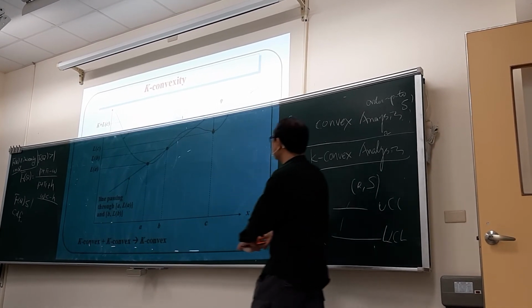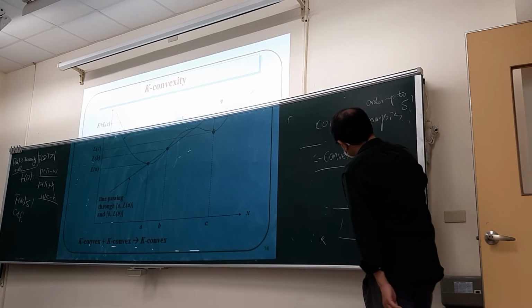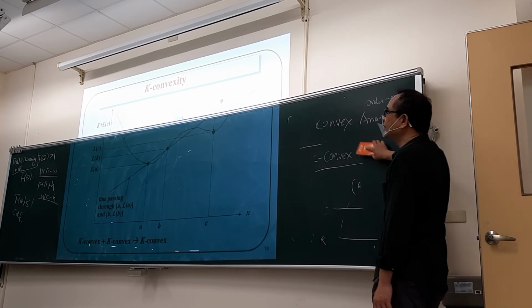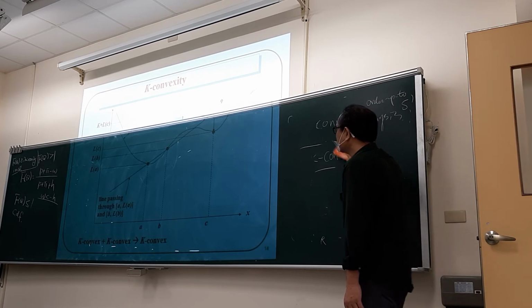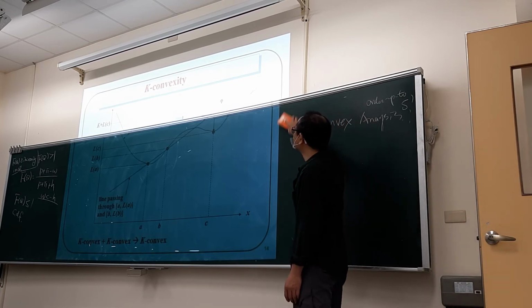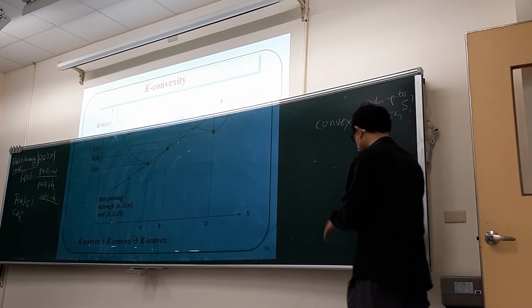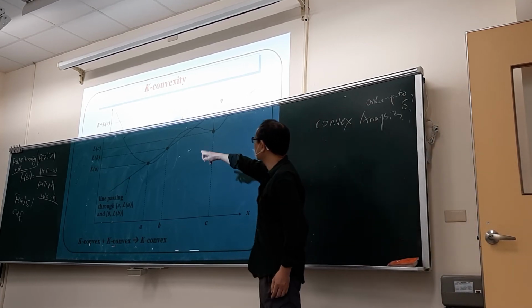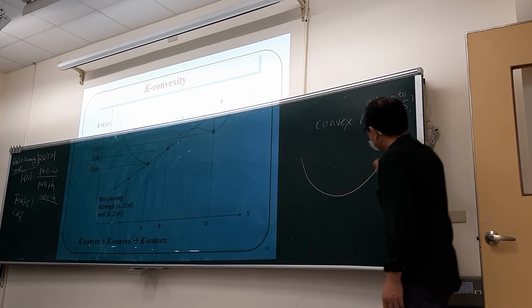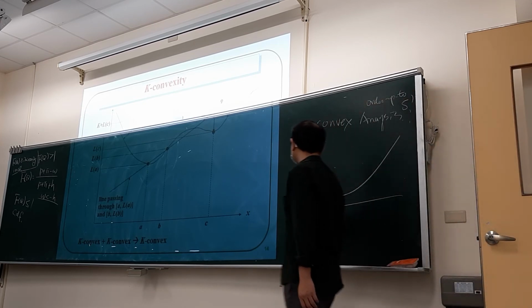Now let me reintroduce the convex analysis. What is the beauty of the convex? Then we will be able to think about the idea in K-convex. Okay, you see the line here. Let's do the same one for convex.